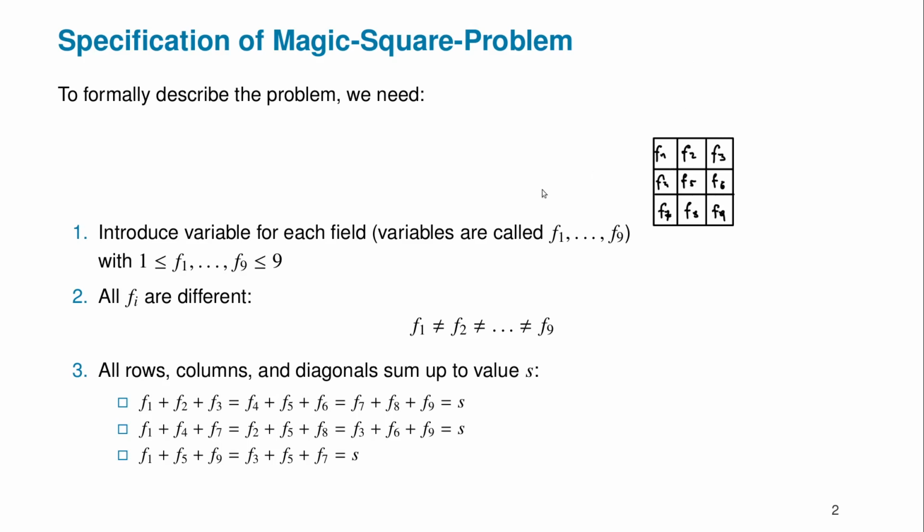And when we have formulated this set of constraints, then we have fully specified the problem, and then we can ask a solver, what is the value of S, and how do we have to assign the variables F1 to F9 in order to get the required solution.